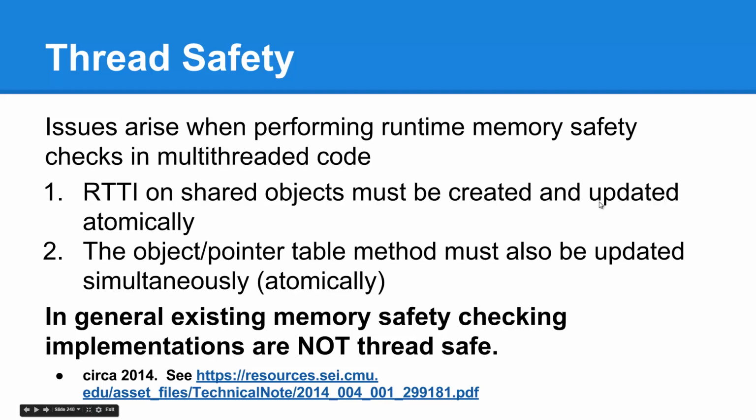Whenever the object itself is edited, its RTTI must also be edited atomically, and that's rarely ever done. The runtime safety check methods involving shadow memory, object tables, or pointer tables must also be updated atomically. And in general, according to the same paper we've been going through, none of these implementations are thread safe.